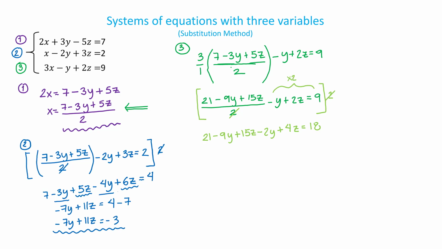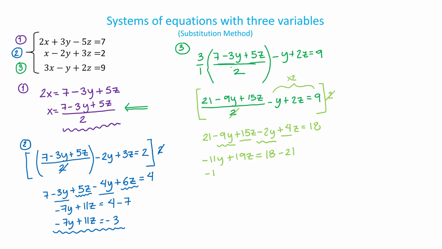Now I can simplify by common terms. Minus 9y and minus 2y is minus 11y. Now I have 15c and 4c, that gives us 19c. And that 21, I'm going to pass it to the right with the 18, so equals 18 minus 21.